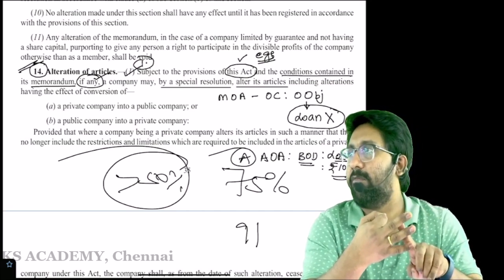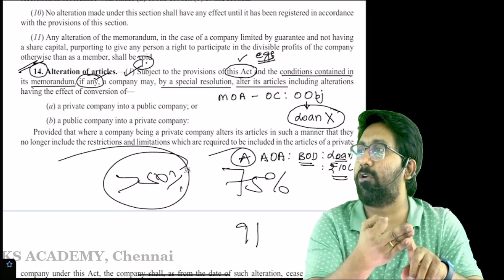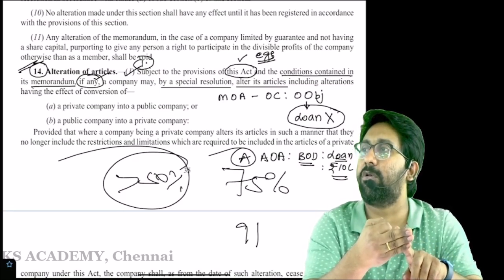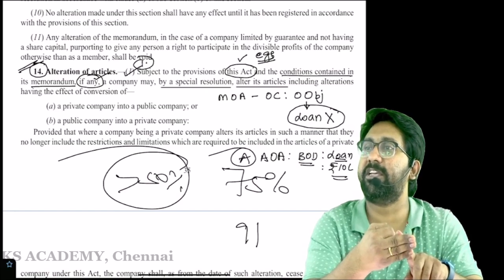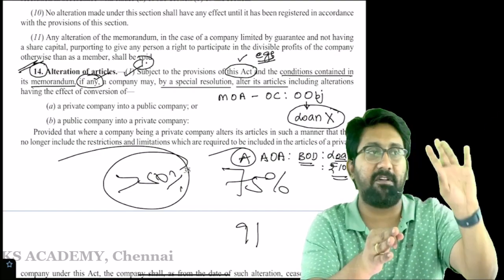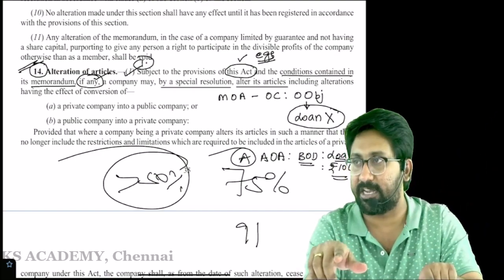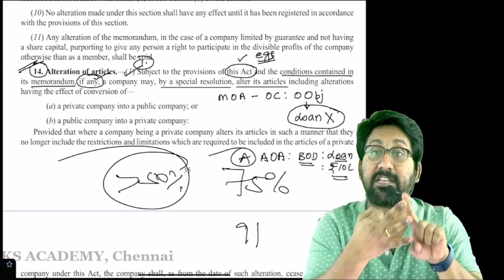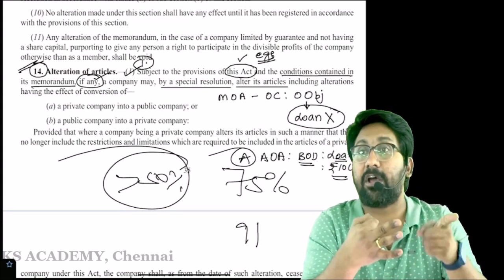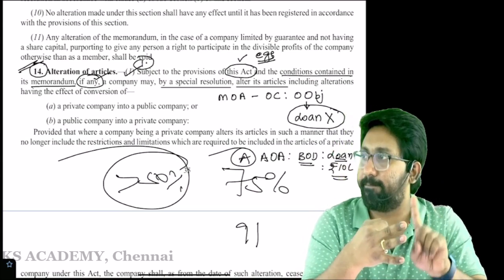Number 3, very very important. I just want to convert public into private or private into public. First alteration is MOA. Next alteration is AOA. MOA, leave off, I am not asking. AOA, tell me. The same procedure has to be followed. But if the conversion is public into private, it also requires whose permission?